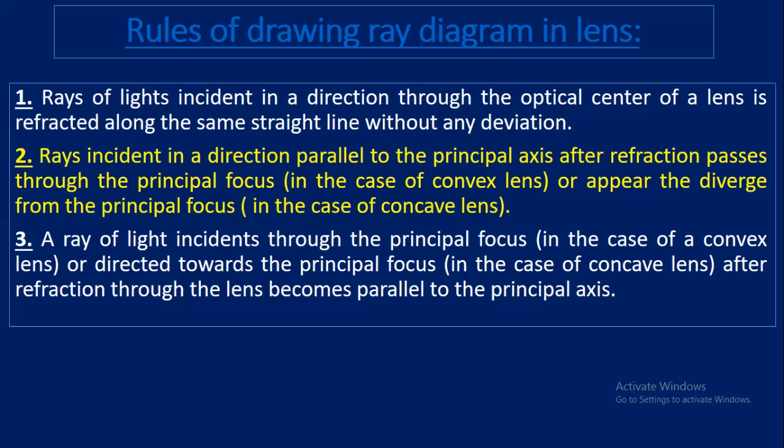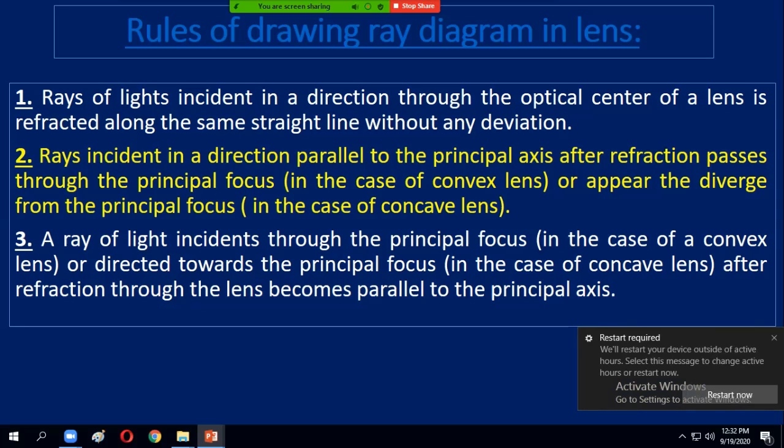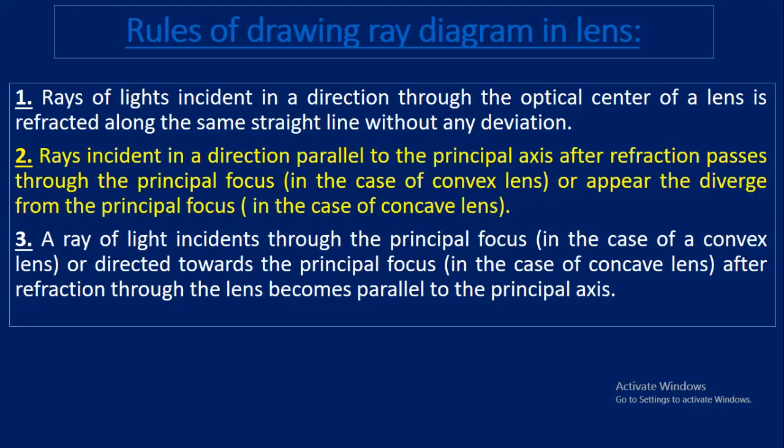Here are 3 rules for drawing a ray diagram. A ray of light incident in a direction through the optical center of a lens is refracted along the same straight line without any deviation. A ray incident parallel to the principal axis, after refraction passes through the principal focus for a convex lens, and for a concave lens it will appear to diverge.